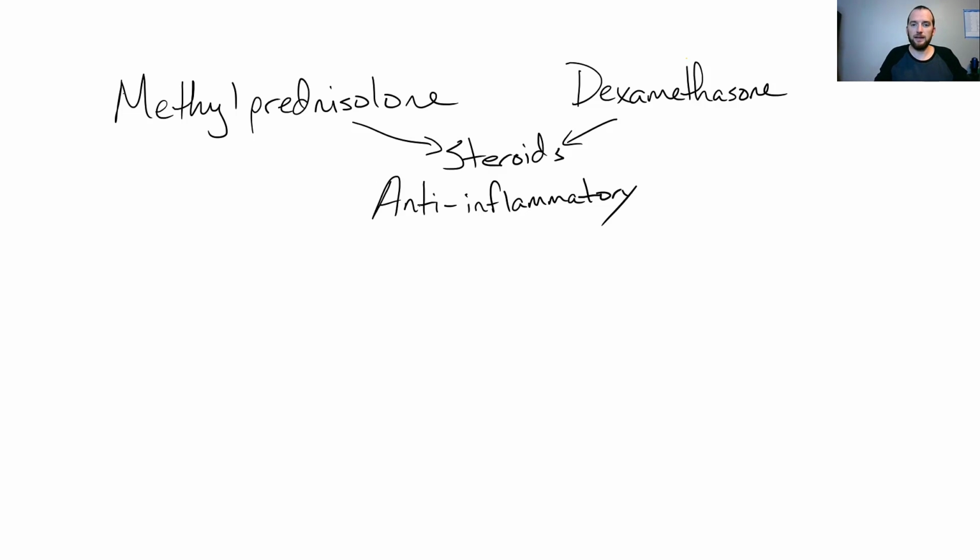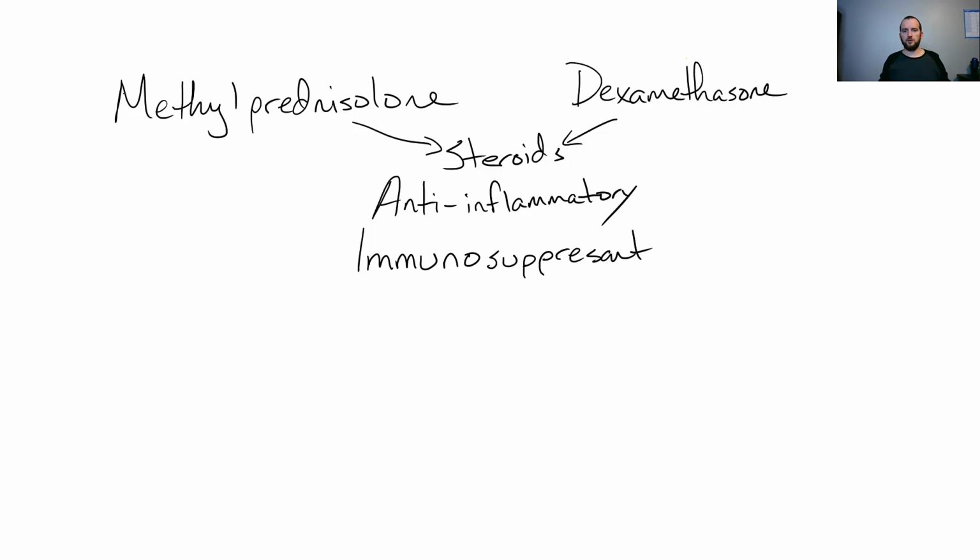So as an anti-inflammatory, we're saying we're going to block or stop that inflammation process, which would mean we're also blocking or stopping some of that immune system response, right? So steroids, not really truly used by us as paramedics in that capacity, but steroids are immunosuppressant medications.